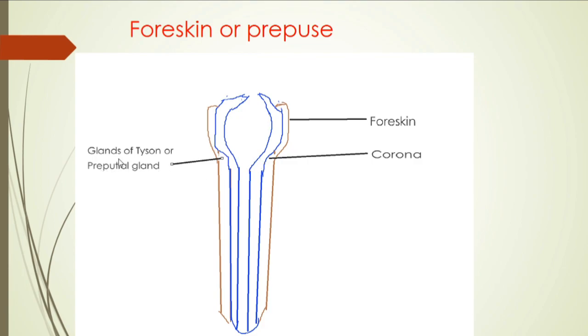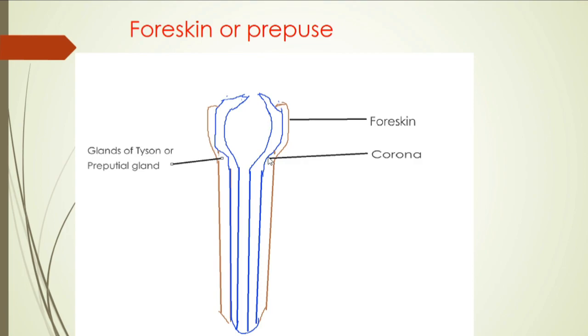These preputial glands are also called glands of Tyson because the scientist Edward Tyson first discovered these glands. These preputial glands secrete a whitish sticky substance called smegma, and that smegma accumulates in the region below the prepuce or foreskin.